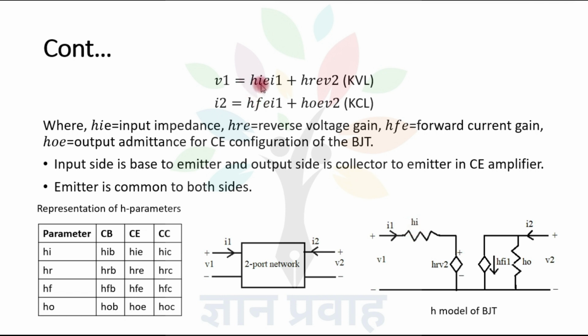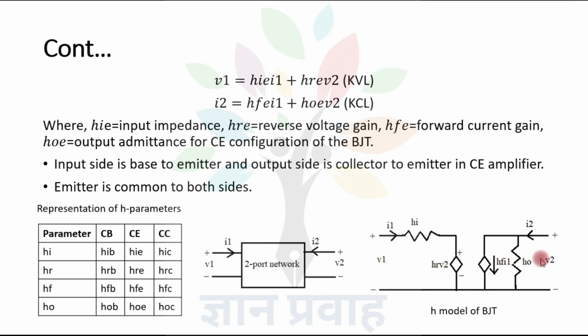HI is simply the input impedance, so the input impedance is connected here, plus HRE V2. V2 is the output side voltage. It means this factor is a dependent voltage source which depends on the output voltage. So here a dependent voltage source is added, it is HRV2.